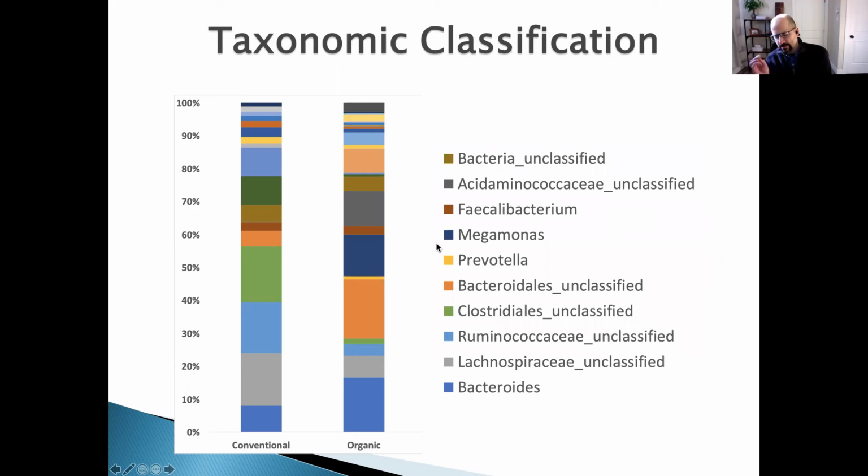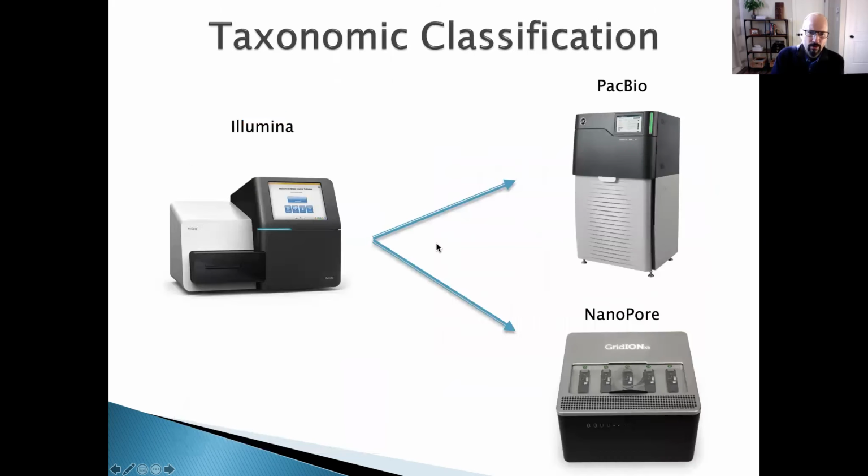So this is to answer Melanie's question. I can get the same DNA and send that to what we call long read sequencing. There are two main platforms that can be used for that now. It's the Nanopore and the PacBio, okay?